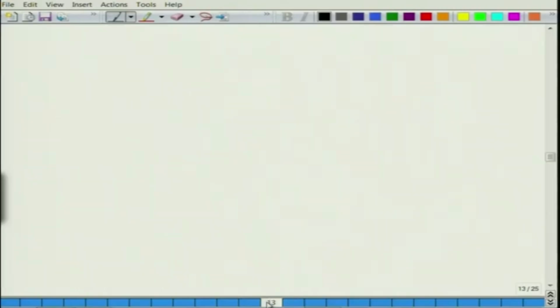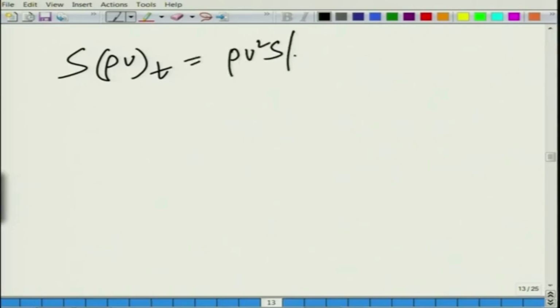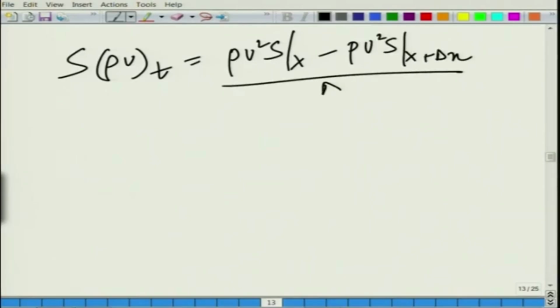So, after a little bit of simplification, we can of course take s out of the derivative sign, because it is not a function of time, and we divide throughout by delta x, just like we did for the continuity equation. Once we do that and then simplify s, rho u square s at x plus delta x divided by delta x, and I probably need to hurry a bit.